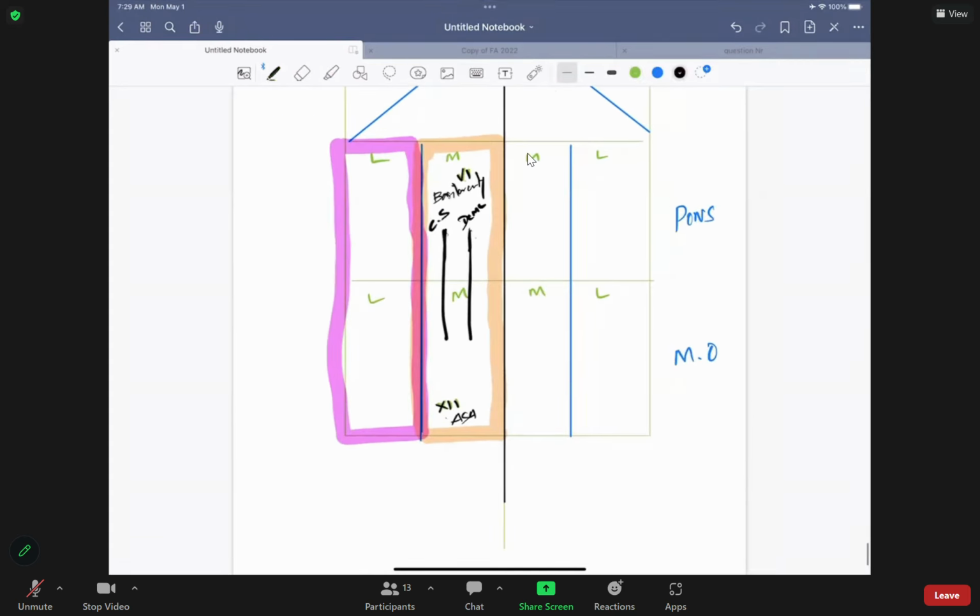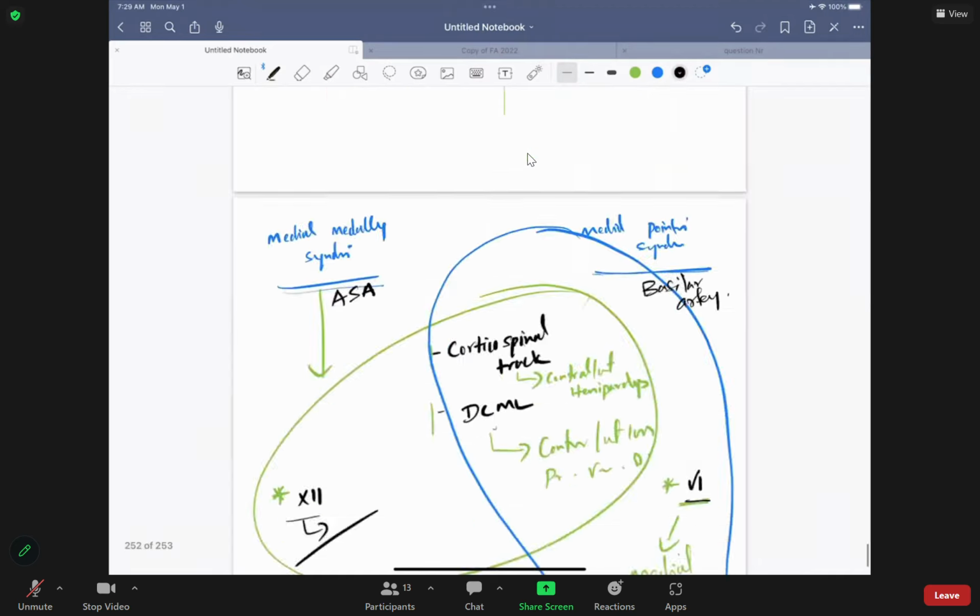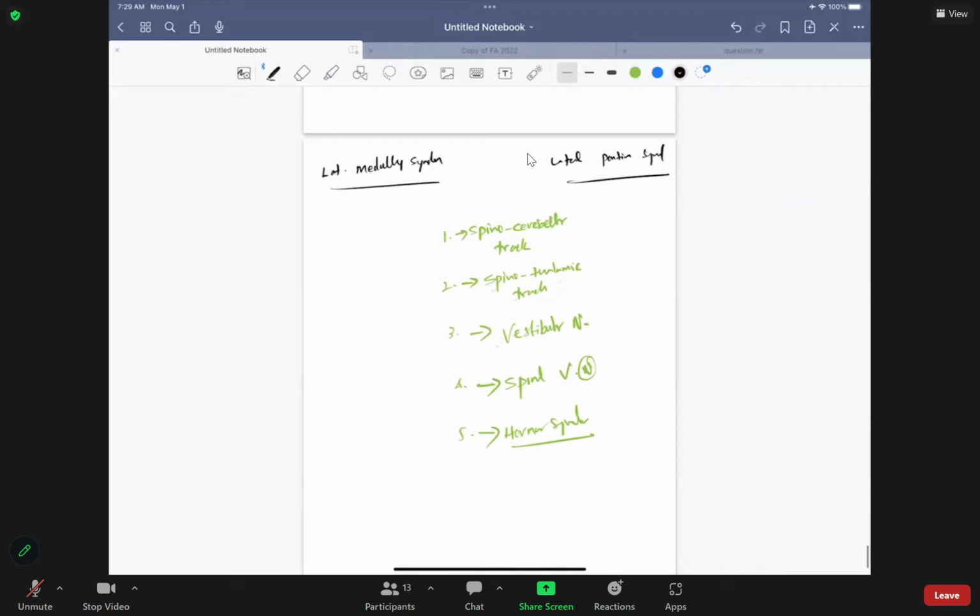You see, all the 5 of them are running like this. Is that clear, folks? You should draw. I don't have space because my drawing is small. You should label each of them in here. Is everybody clear, folks? I could still do it, but it's 5 structures. They're running in the lateral pons and lateral medulla. Okay, those are the 5 structures.